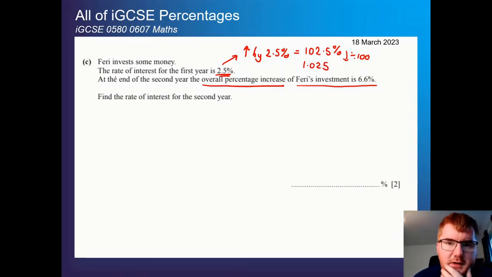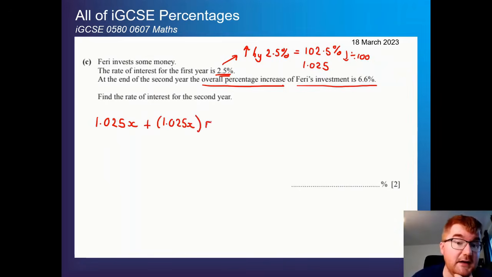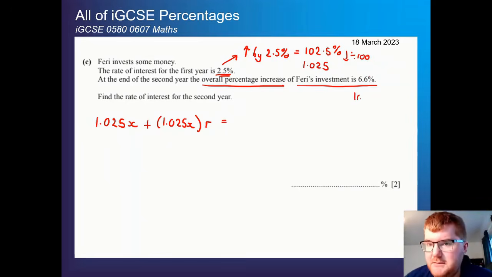So in order to work out the overall percentage increase, the first year would be 1.025 times some x. So x is the initial amount of money that I've started with. And then for the second year, I've got this amount, so 1.025x. And then I'm going to increase it again by another interest rate. We're going to call that R. And the total from the second year is going to be equal to an increase of 6.6%, which is 100% plus 6.6%, which is 106.6%.